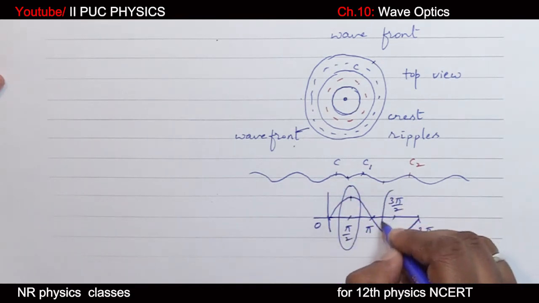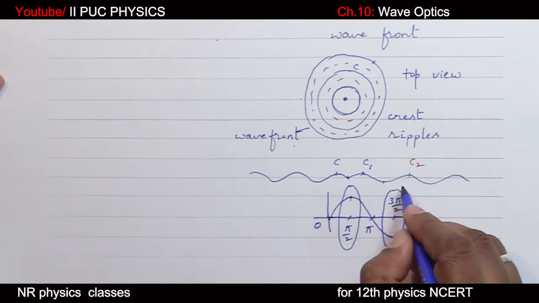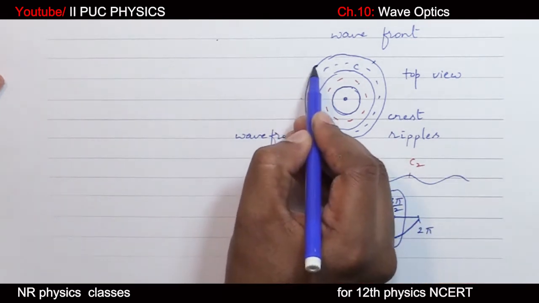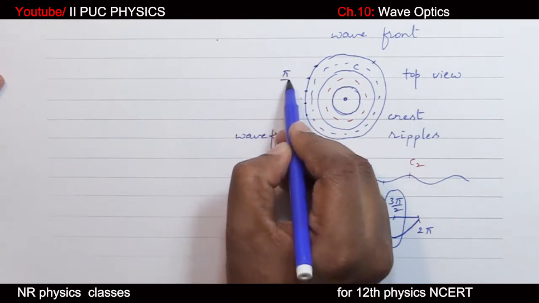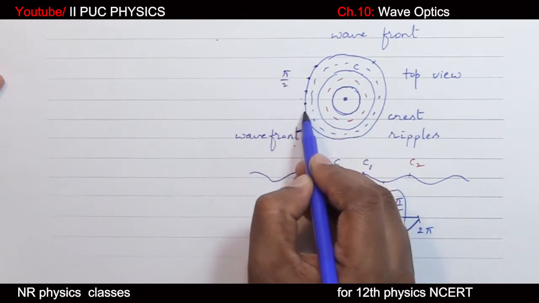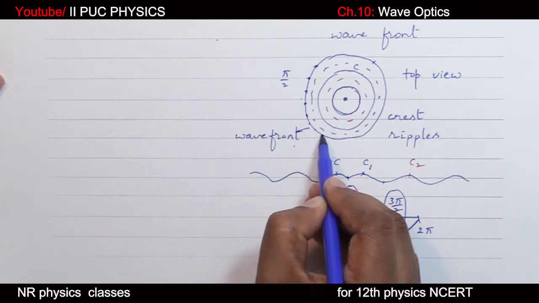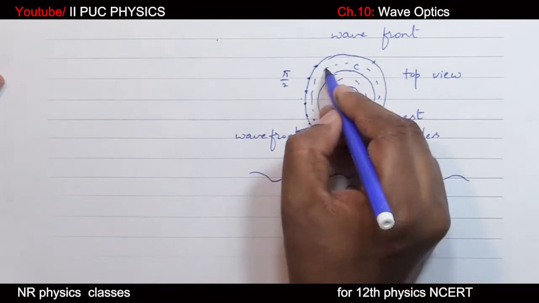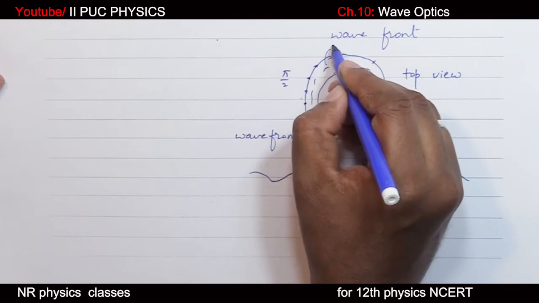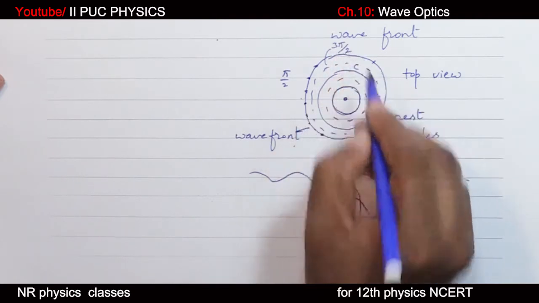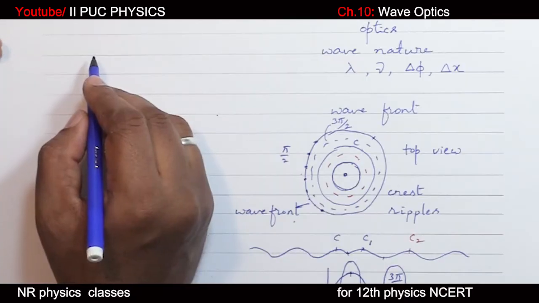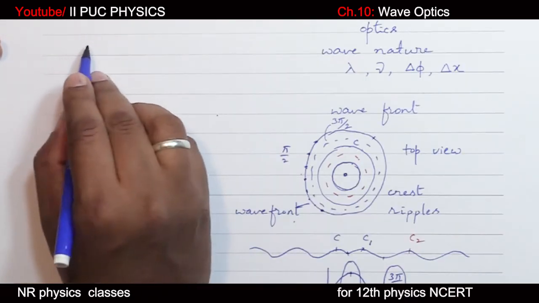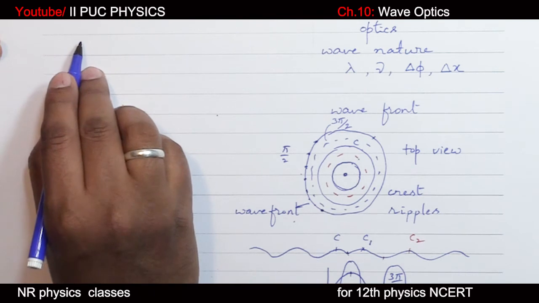For trough, phase is 3 pi by 2. So these are points which have phase equal to pi by 2. Every point is a crest point, means every point is at pi by 2. Trough means every point is at 3 pi by 2. Now, what is a wavefront? Wavefront is the locus of points which are vibrating in phase.